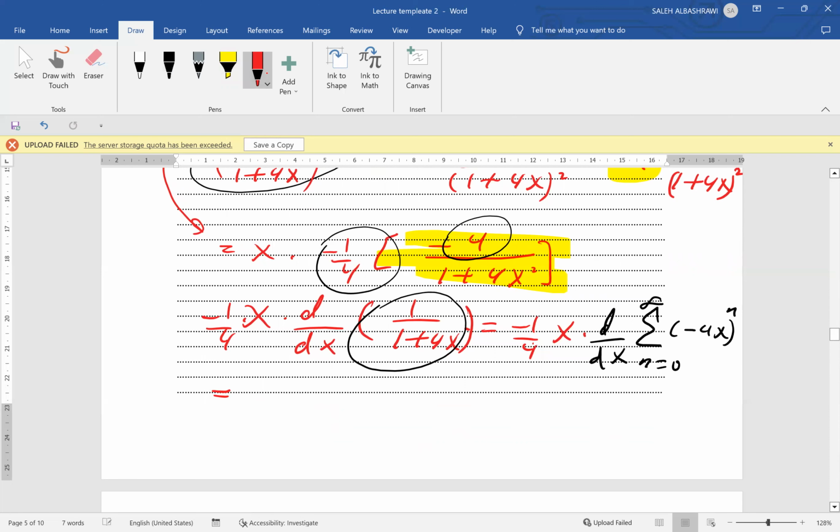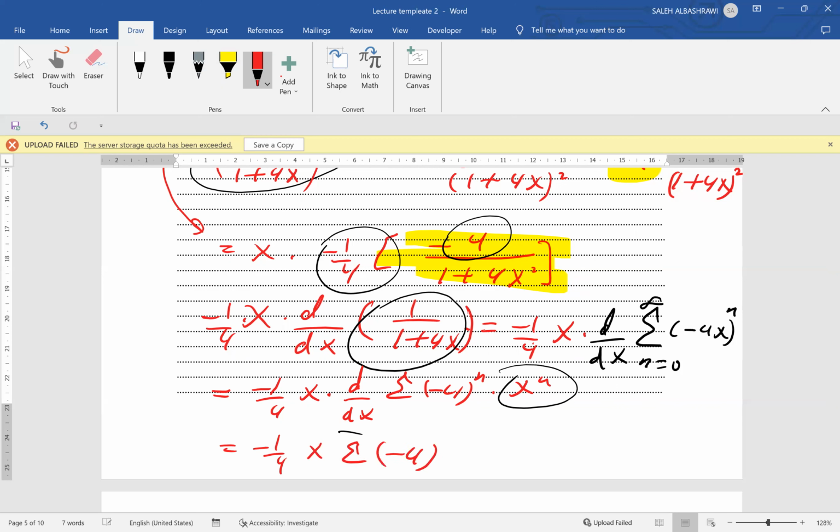So it is minus 1 over 4 multiplied by x, times d by dx of sigma of (minus 4)^n times x^n. Now, if I differentiate this term, I will get minus 1 over 4x times (minus 4)^n times n x^(n minus 1).